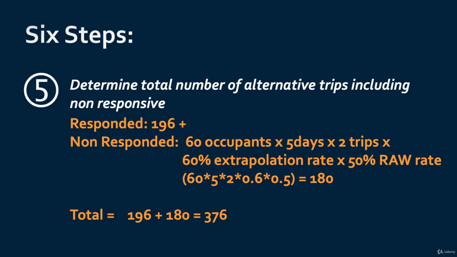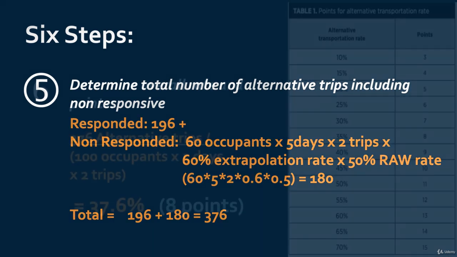Then we take a 60% extrapolation rate from the table, and we multiply this by 50%, and that's the number that we found earlier of the raw alternative commuting rate. We do this all together, we get 60 times 5 times 2 times 0.6 times 0.5 gets 180 for the non-responded part. We total this all together, and we get 376 as the number that we determined for the total alternative trips, including the non-responsive people.